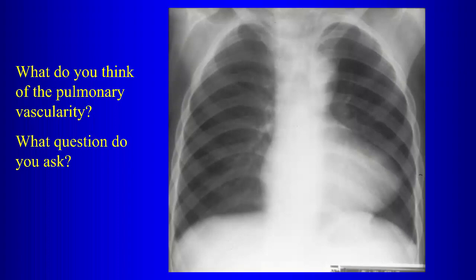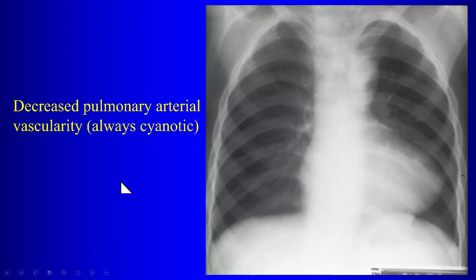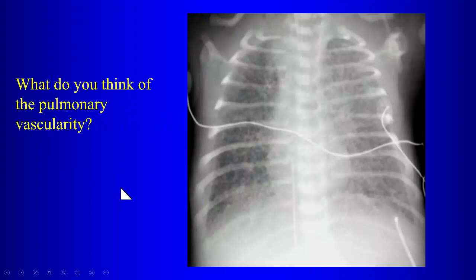And we'll talk about how we approach the film on that, as we go along. So patients with decreased pulmonary vascularity, notice the small pulmonary arteries, decreased blood flow within the lungs, they will always be cyanotic.